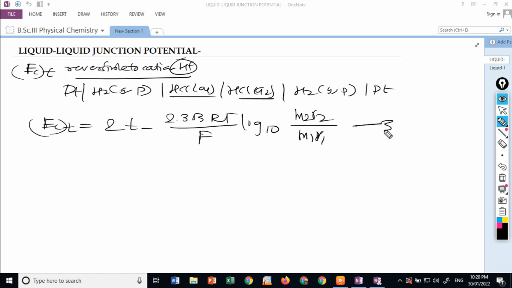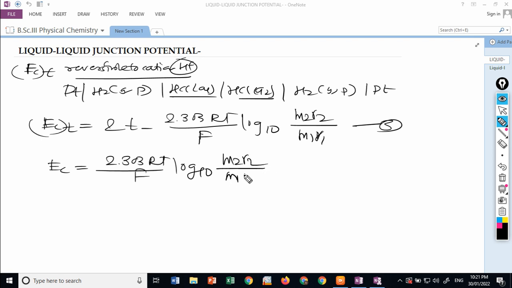This is equation 3. The EMF of the same cell without transference is given by 2.303 RT divided by F, log to the base 10 of M2 gamma 2 divided by M1 gamma 1. This is equation 4.